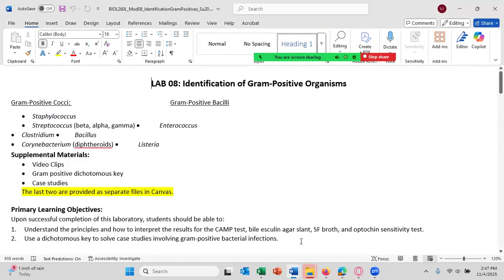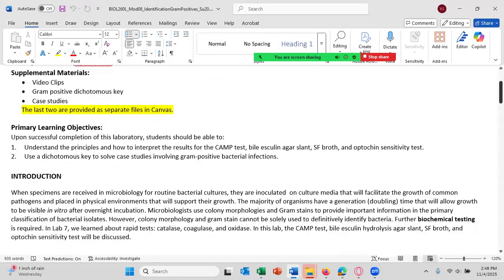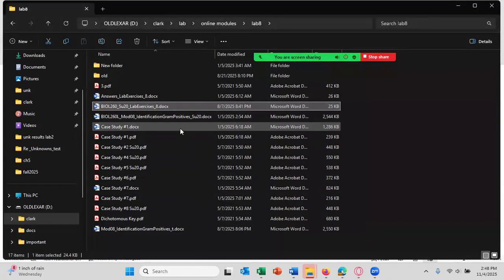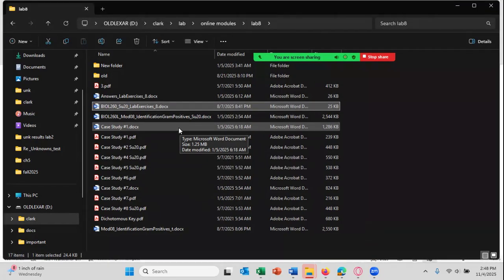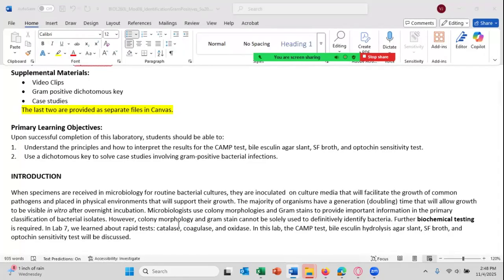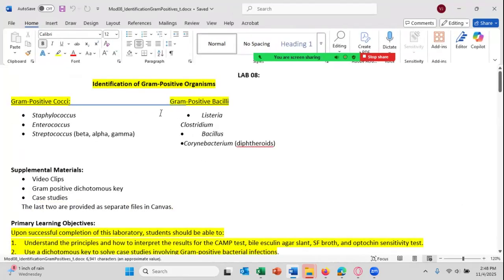let's go on with the lab module. The learning objectives. This isn't the right file. I don't have something highlighted here. Here it is. I got the table set up.